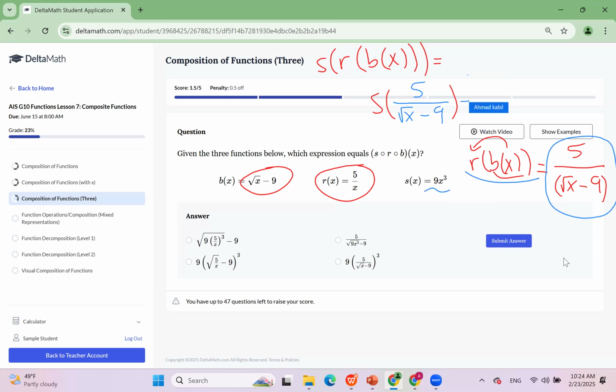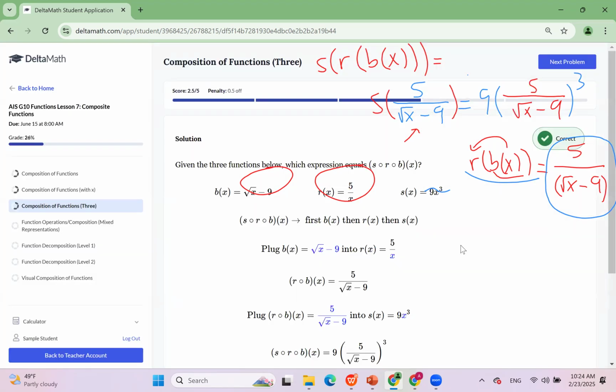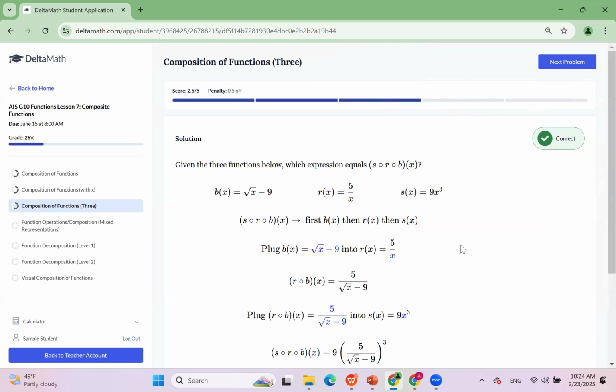So this is going to be 9 bracket power 3. And inside the bracket, we are going to put this expression, which is 5 over root x minus 9. And this gives us this expression here. This is correct as well.